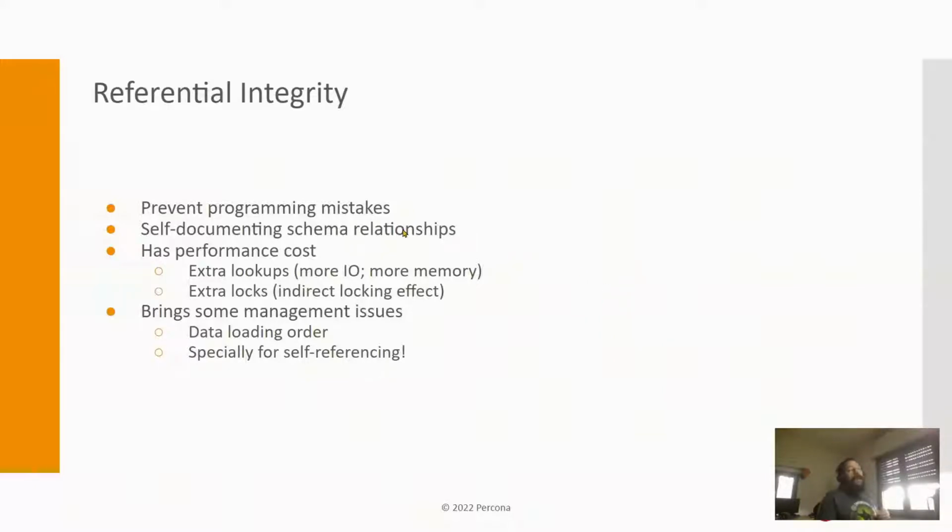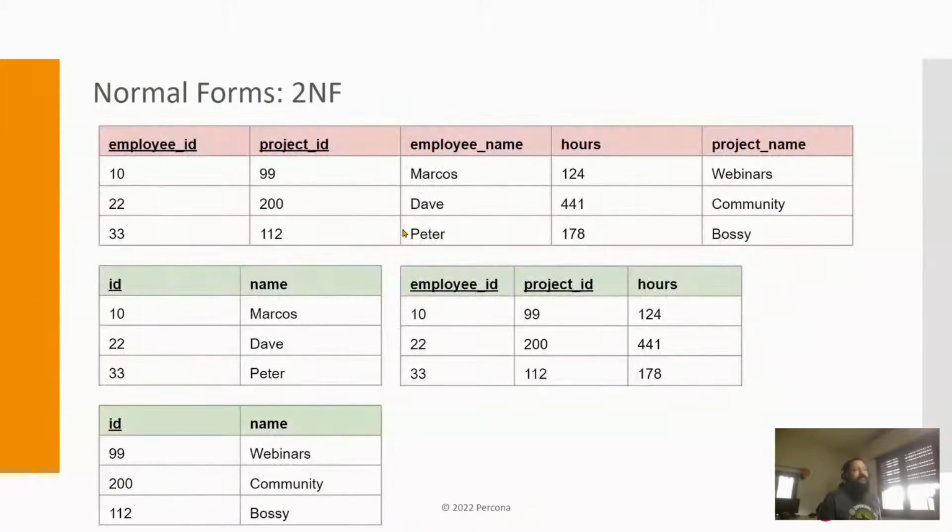Also, in a sense, it's a self-documenting schema of relationships, because this will be embedded in the data definition language for the table. In your create table, I should have included an example here. I can look up one very quickly in a moment.